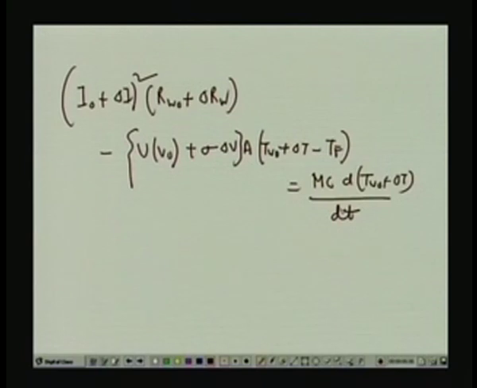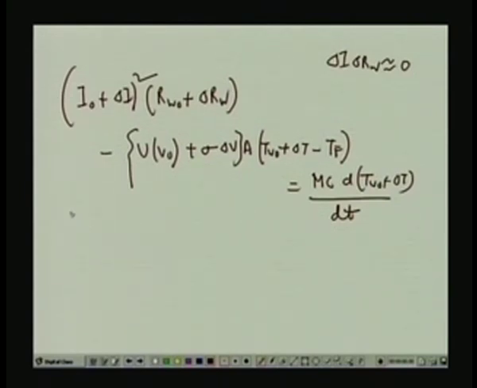So I can simplify this equation neglecting all the multiplications of terms like delta I into delta RW. These are all quite small, so we can neglect them, assuming these are equal to 0.